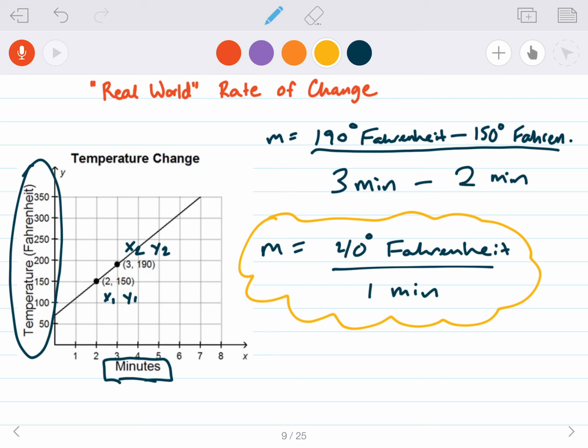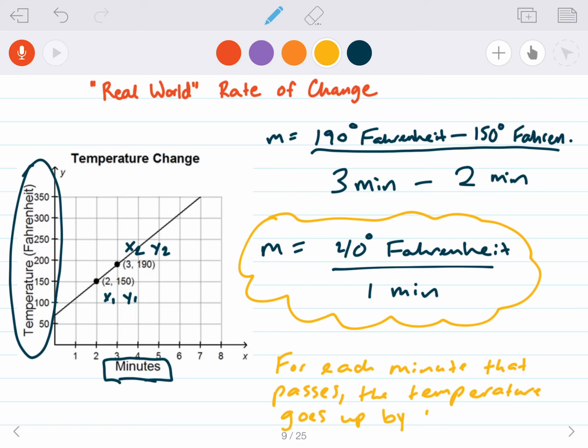Well, what this means is, for each minute that passes, the temperature goes up by 40 degrees Fahrenheit.